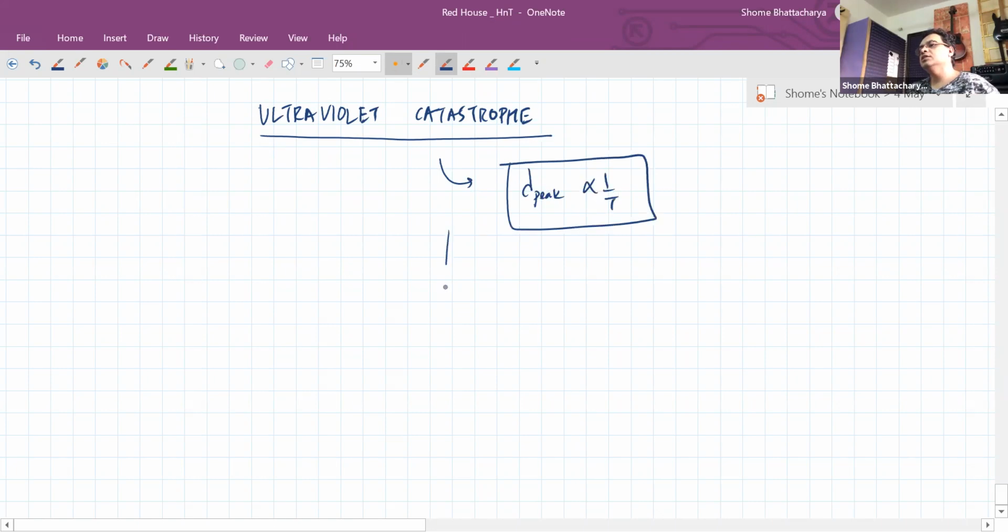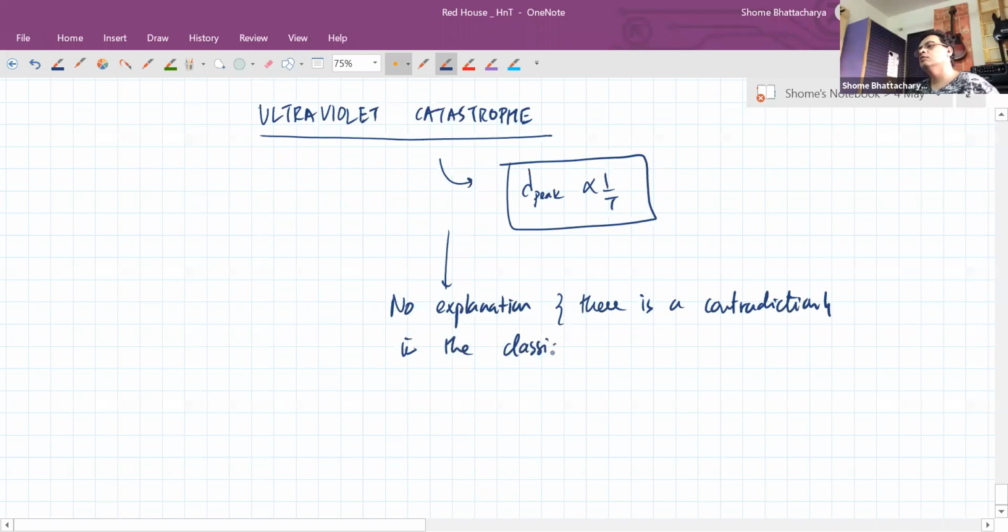Now, about this, there is no explanation in classical physics, or in fact, there is a contradiction in the classical physics model. The classical physics model, for example, included the concept of the normal principles of thermodynamics, along with the statistical mechanics concepts.